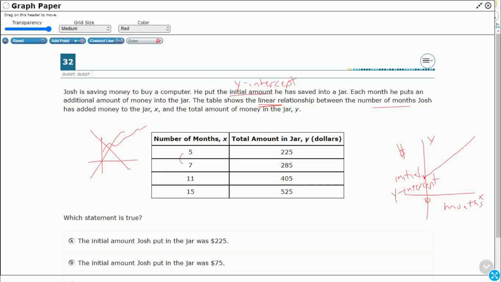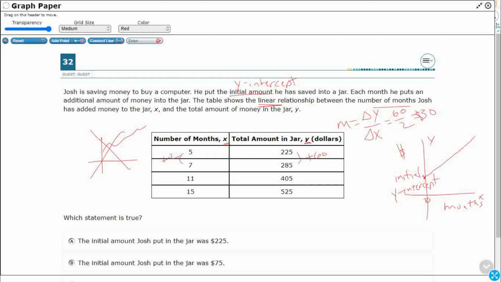So we can take a look at here. We can kind of find the pattern, right? So if you go up 2 months, so this is a plus 2, and this is a plus 60, right? So my slope is going to be my change in y over the change in x, right? So that's going to be 60 over 2, so it looks like $30 a month.